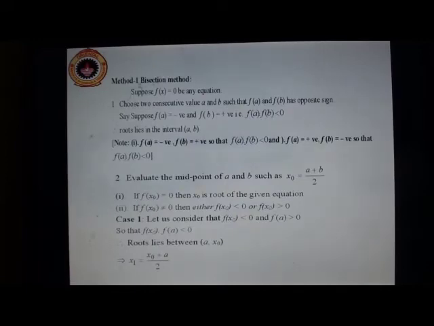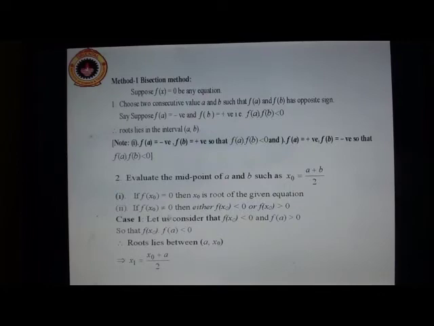I will explain the bisection method. Suppose f(x) = 0 is an equation. Choose two values a and b such that f(a) and f(b) have opposite signs. Evaluate the midpoint of a and b, x0 = (a + b)/2. If f(x0) = 0, then x0 is the root of the given equation.